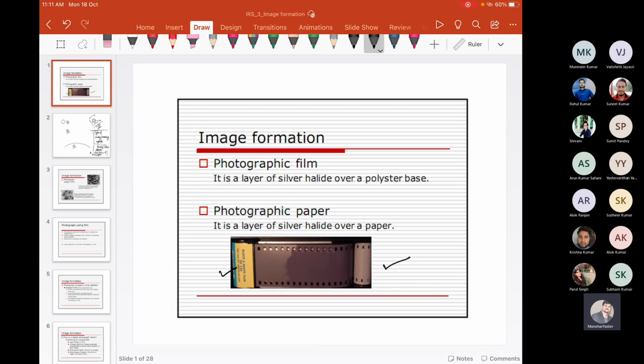Okay, and on the surface of this photographic film, there is a layer of silver halide. This could be of two types: a layer of silver halide over a polyester base, or a paper base where the silver halide layer is over the paper.